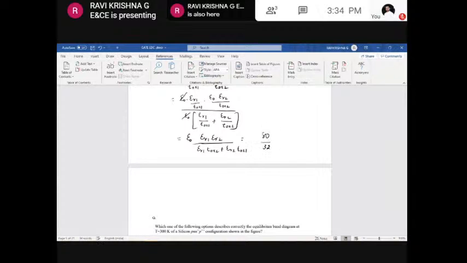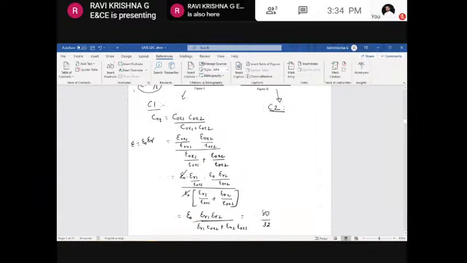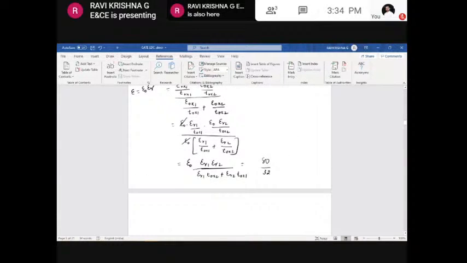This is the capacitance of this particular capacitor 1. So this is the equivalent capacitance of the capacitor 1.